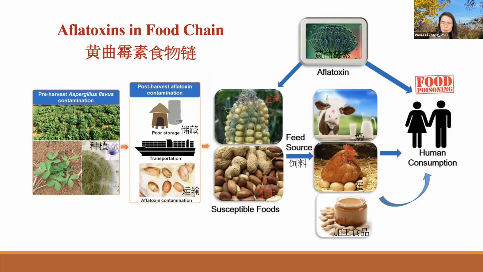So when the animals consume feed that's made out of the contaminated corn, like the chickens too, then aflatoxins can be found in animal products like milk and eggs, also in peanut-derived products like peanut butter. So then it will enter our human body after consumption.